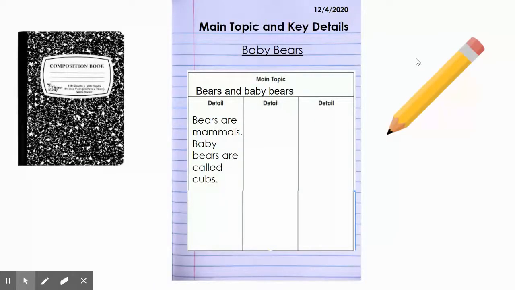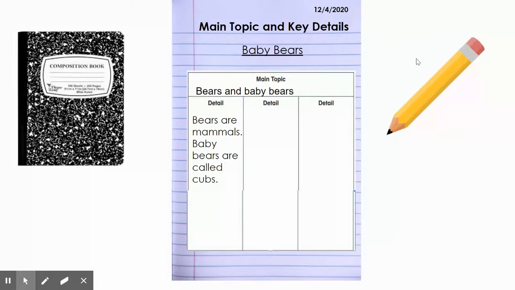So I have written down my first detail. Bears are mammals. Baby bears are called cubs. I'm including that in my first column labeled detail. I can double check that this detail relates back to our main topic because it is about both bears and baby bears. And this fact is true for all bears.